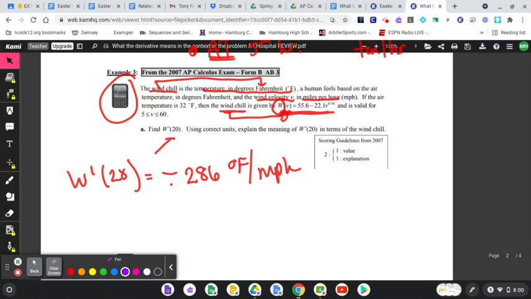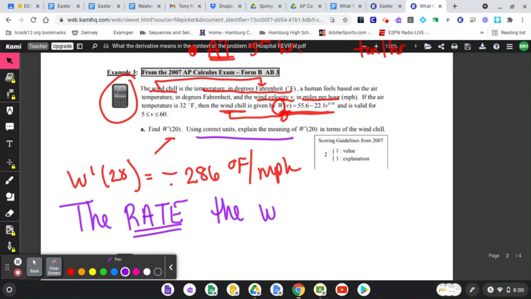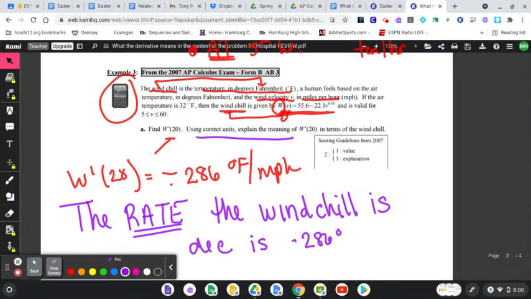Now we have to interpret this in the context of the problem, of course. We took a derivative, so we're going to start with the words the rate. And then we're going to use that NUT acronym. What is the noun? What are we talking about? The rate, and again, this was the wind chill, is decreasing because I got a negative answer, is 0.286 degrees Fahrenheit per miles per hour.